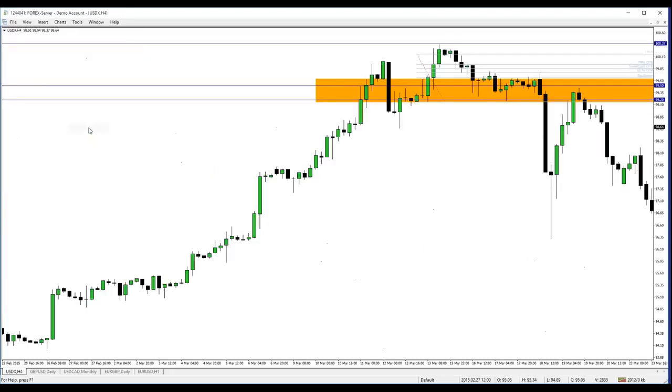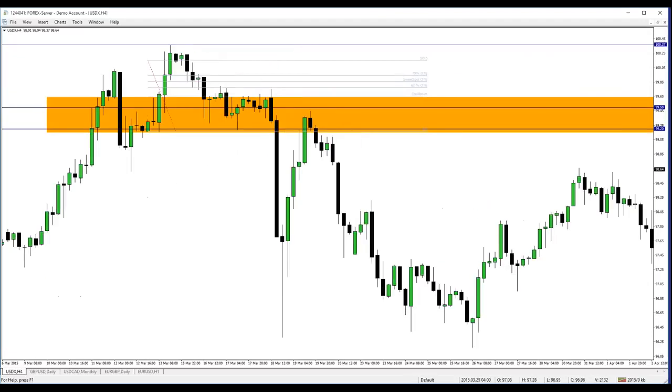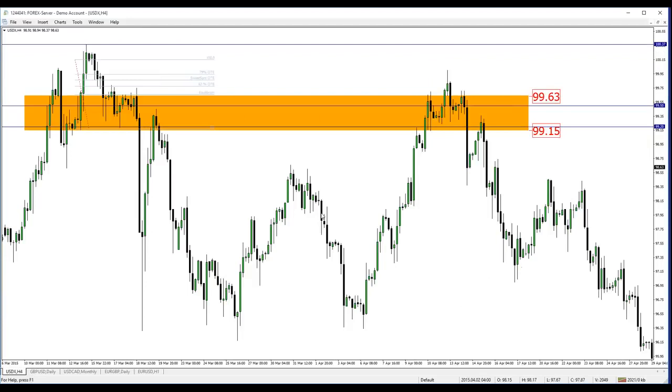Let's drop down to a 4-hour. All right, so here's that same price action, right in here on a 4-hour chart. Here's that first time it came up there and created the resistance level. Price moved away, and then it came all the way up into it.